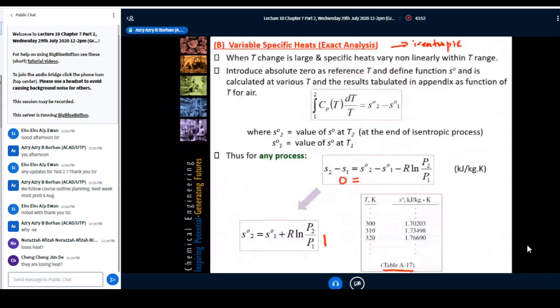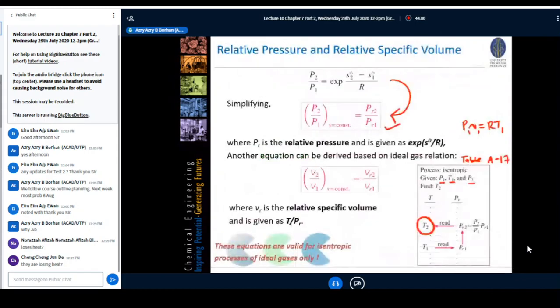And then under the exact analysis for an isentropic process, you can make use of the pressure ratio in terms of relative pressure or the specific volume ratio in terms of relative specific volume. So make sure you know which equation to use for which method, and that has been specified for you.